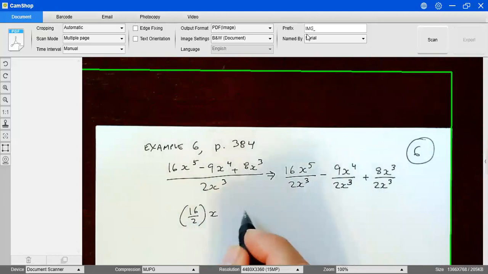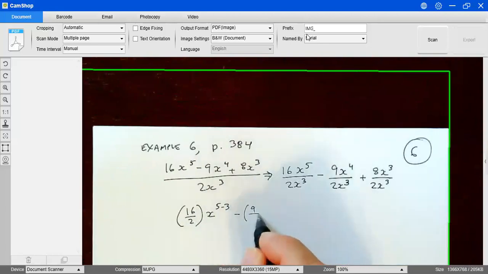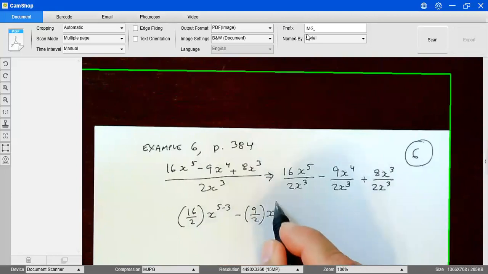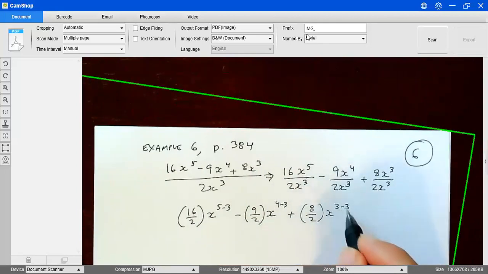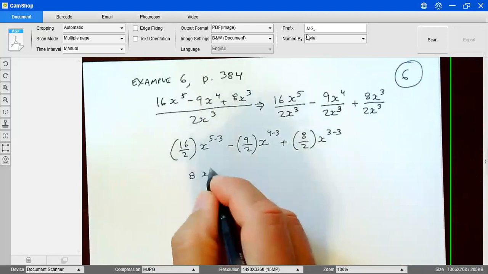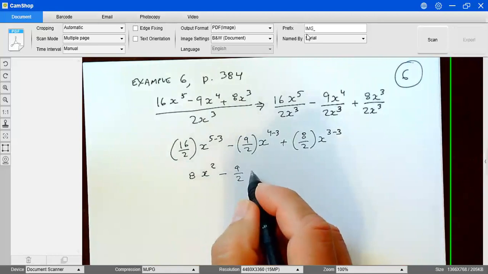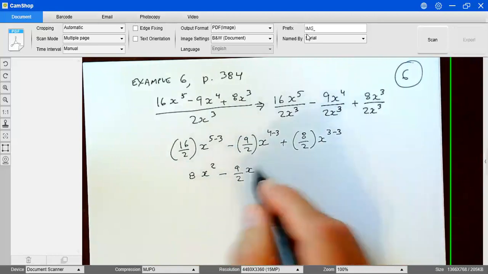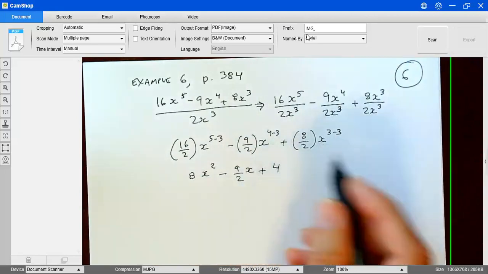And then we divide the variables, 5 minus 3. Remember, you just deal with the exponents. In the second case, we have minus 9 over 2, x to the 4 minus 3, plus a over 2, x to the 3 minus 3. So the final answer is going to be ax squared minus 9 over 2 x to the 1, which is just x, plus 4, and then x to the 0 is just 1.